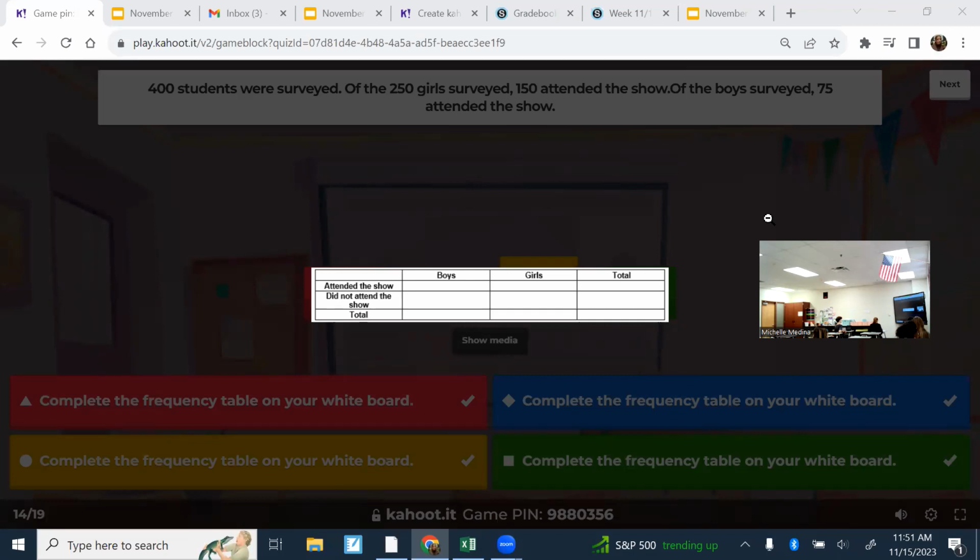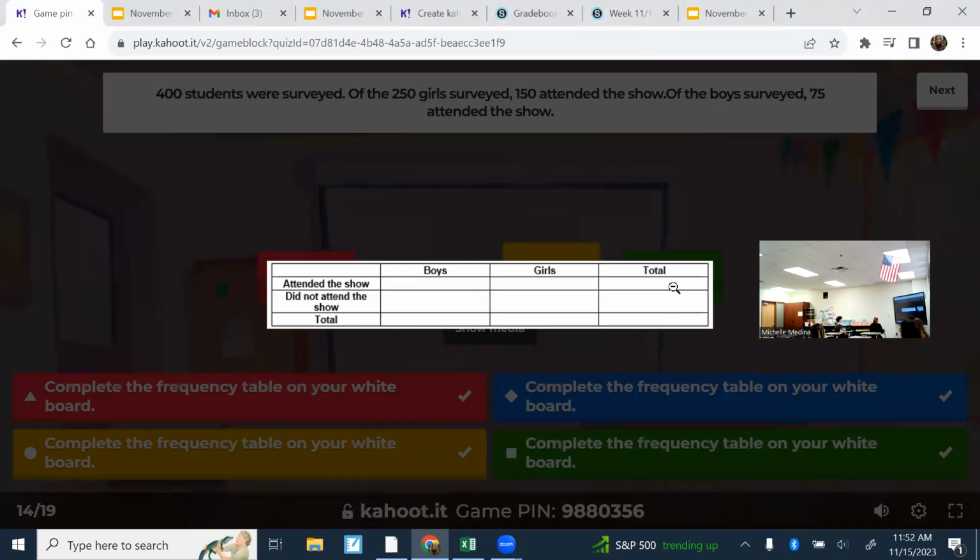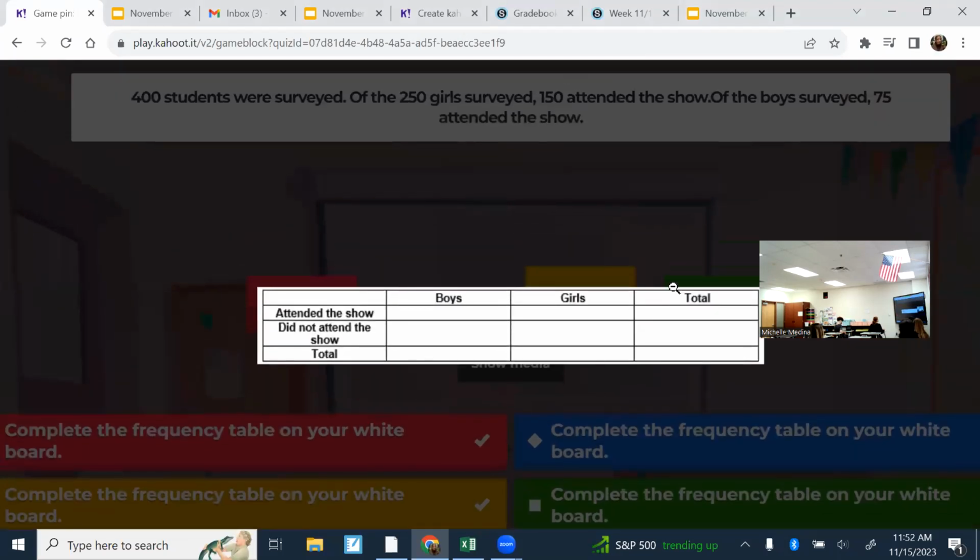Whenever you're having to fill a two-way table, start with what they give you, literally from left to right when you read. 400 students were surveyed. So if I want my 400 students to be in my table, where in the table would that go? Total, there's 2 totals, so which total?